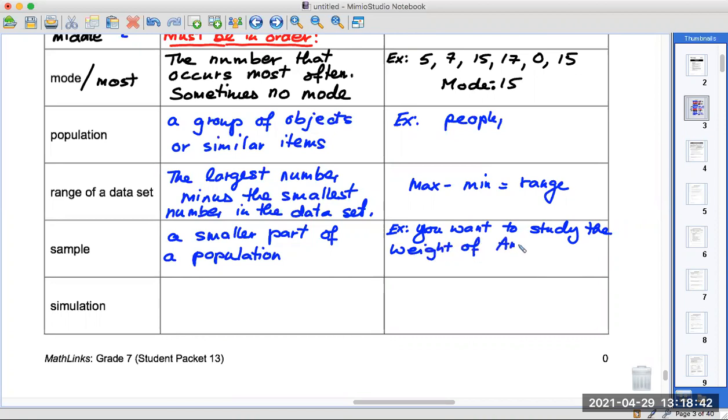Am I not going to study every single one? You're not going to go to every one and ask, do you exercise? What do you eat? You pick a sample, a small portion. Now, the key is your sample should be representative of the whole population.